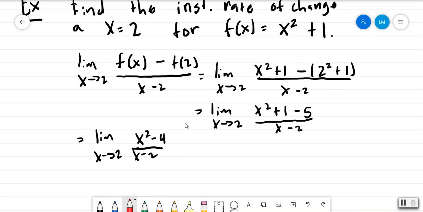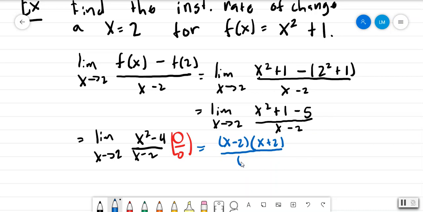Notice that if you plug in 2, you get an indeterminate form, 0 over 0. So what that means is that you just have to rewrite this as x minus 2 times x plus 2, divided by x minus 2, which is the fun part, when things cancel out. So x minus 2 cancels out.